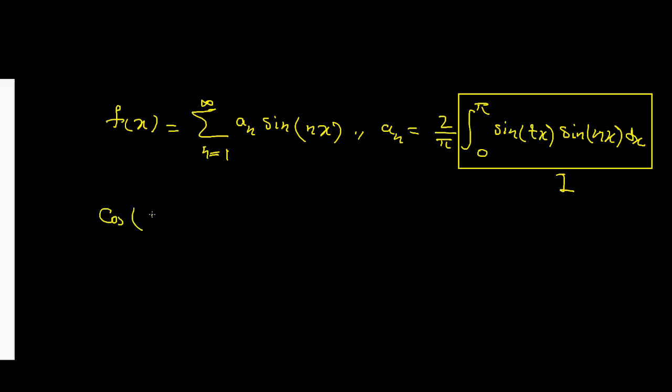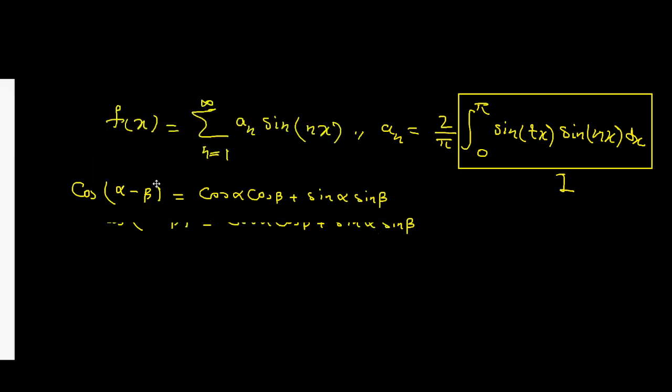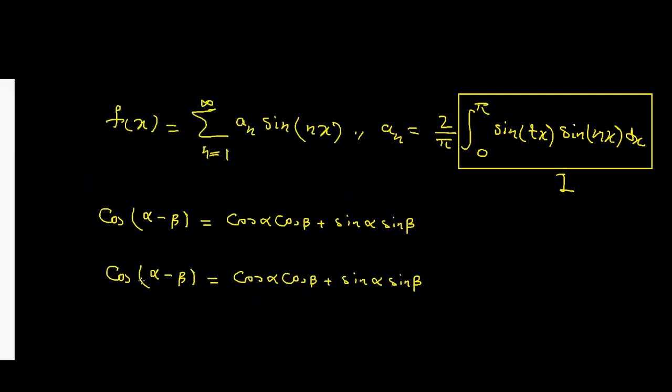The sum and difference identities for cosine are as follows. We have cosine of alpha minus beta as cos alpha cos beta plus sine alpha sine beta. And if I change negative beta to beta, this plus sign also changes to a minus sign.